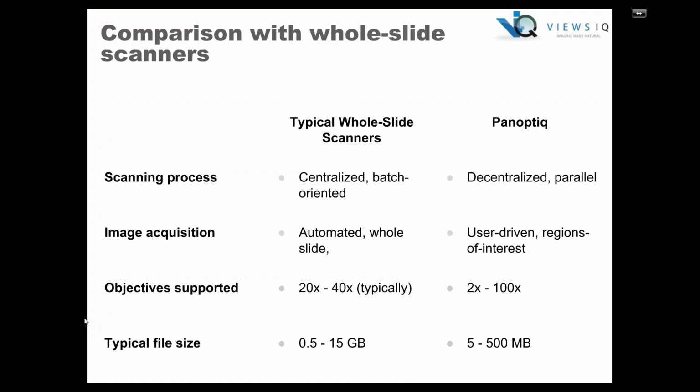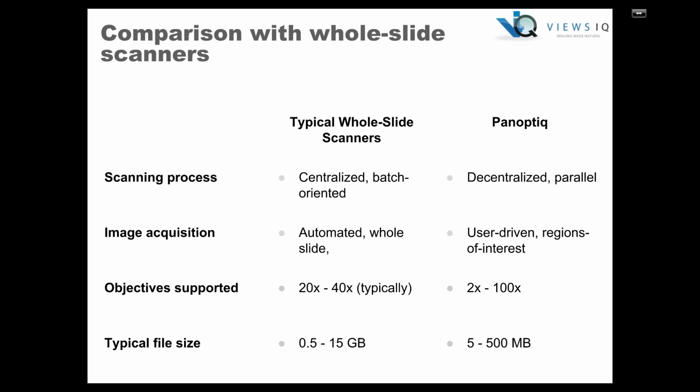Just to provide a high-level comparison and contrast of whole slide scanners with Panoptic. With whole slide scanners, the scanning process is centralized. There are usually one or a few scanners in a core facility, and it's batch-oriented, so slides are scanned in batches. With Panoptic, the scanning process is decentralized, so you can have as many image acquisition stations as you have microscopes and computers, and it's in parallel.